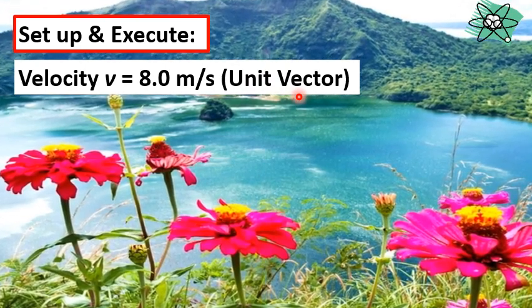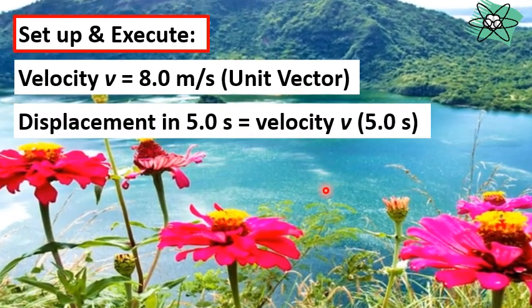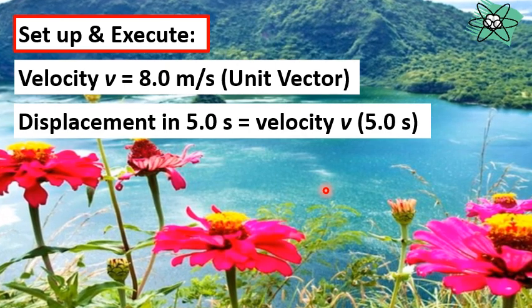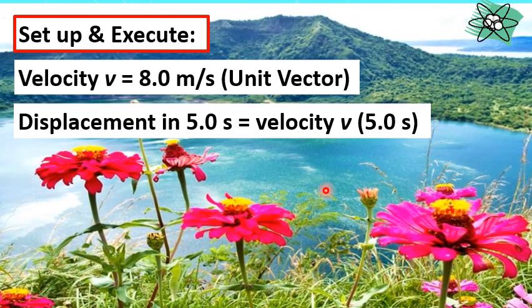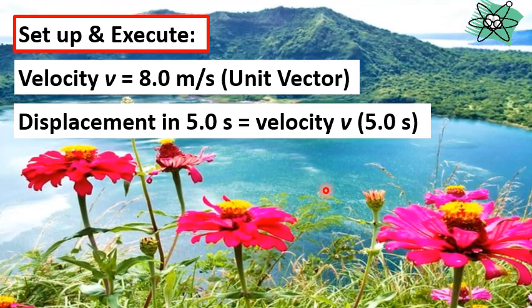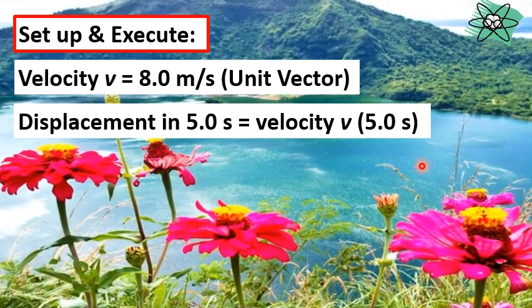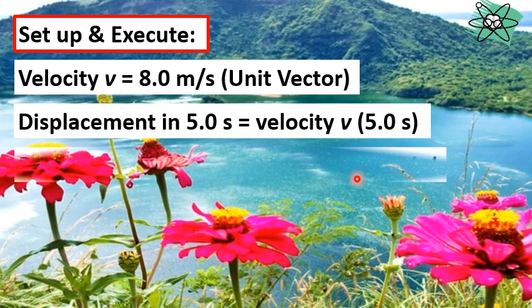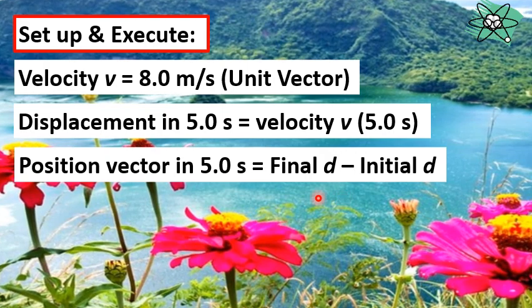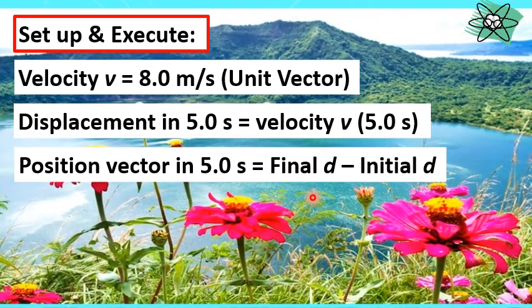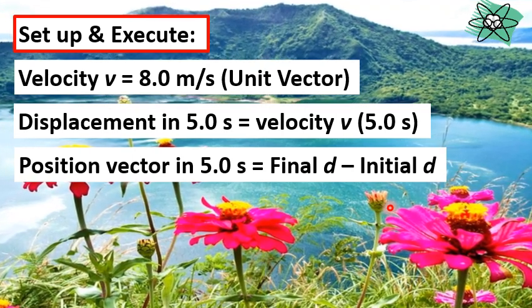We can then express the displacement vector at time equals 5.0 seconds as the velocity vector multiplied by the time 5.0 seconds. And subtracting the initial displacement from the final displacement, we can find the position vector at time equals 5.0 seconds.